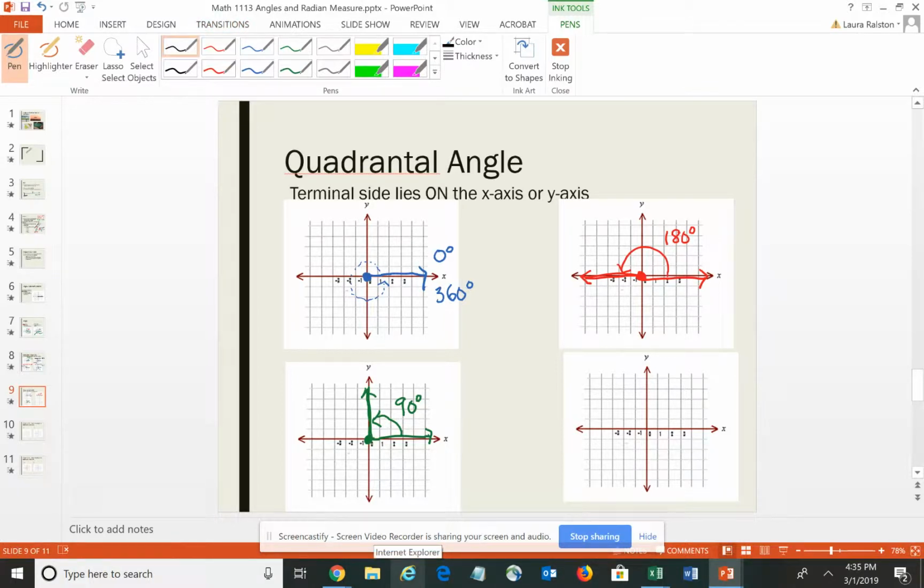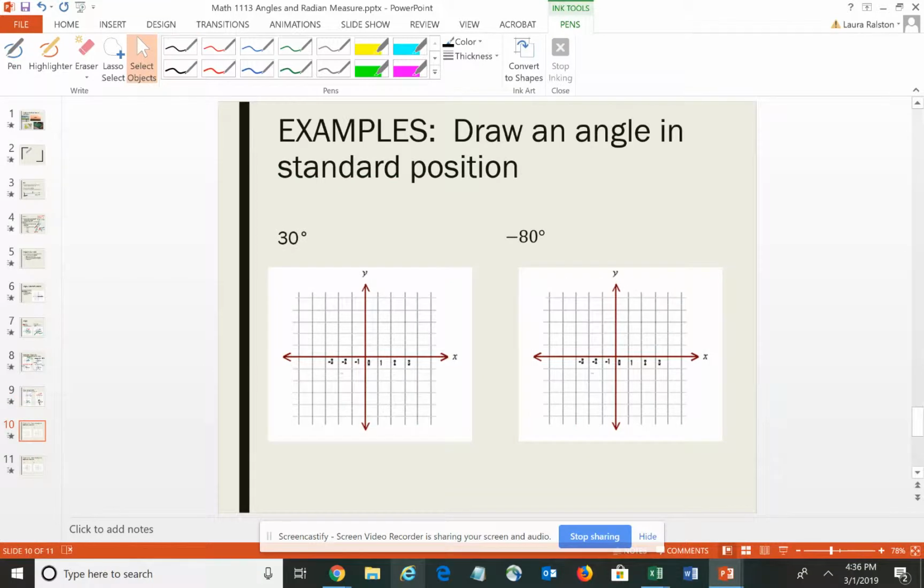And then lastly, I have vertex on the origin, initial side on the positive x-axis, and I rotate around to the negative y-axis, and that would be my 270 degrees. So my quadrantal angles are 0 degrees, 90 degrees, 180 degrees, 270 degrees, and then I'm back to 360 degrees or 0 since they're the same angle. Okay, so let's look at some examples.